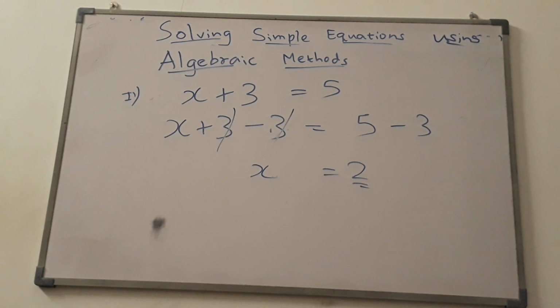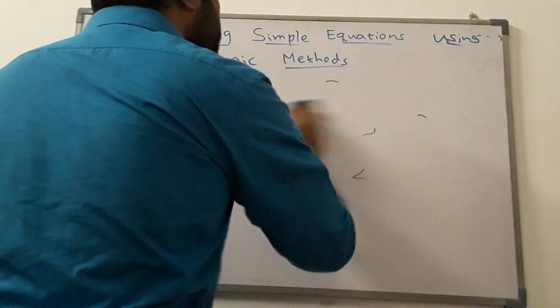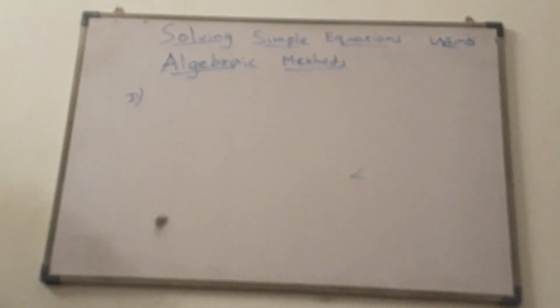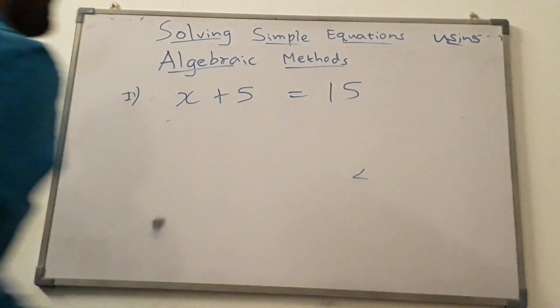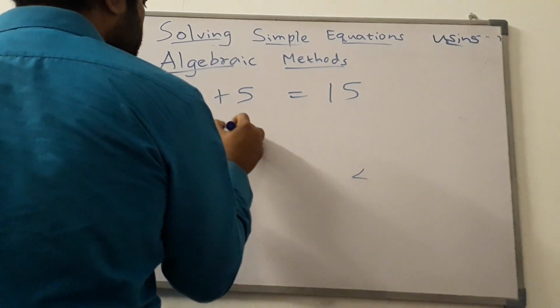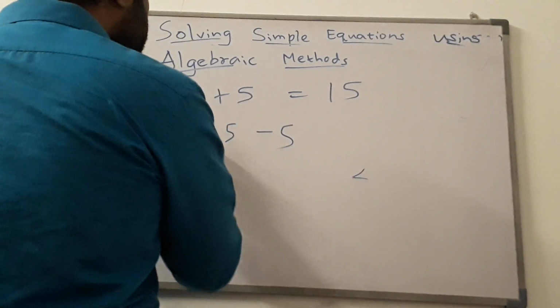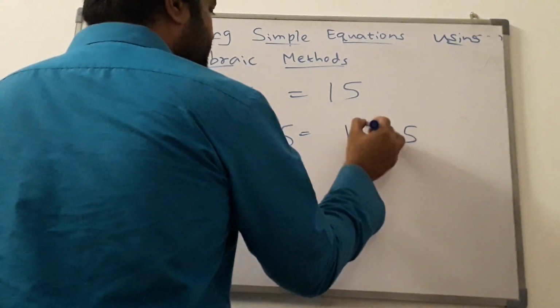Okay, let me take another example. x plus 5 is equal to 50. Third example. Now I am going to remove 5. So I am going to subtract 5 from left hand side, the same as I subtract 5 from right hand side.